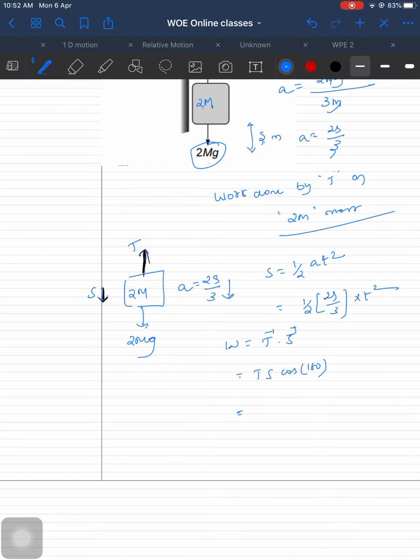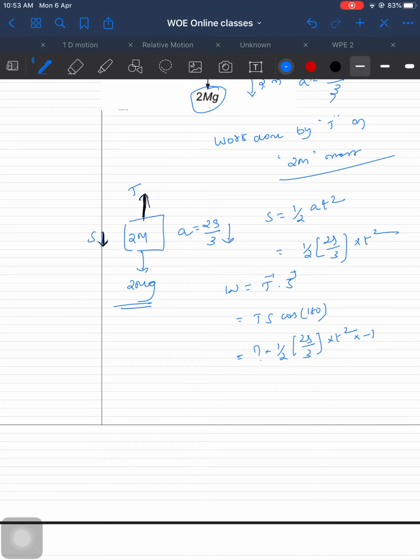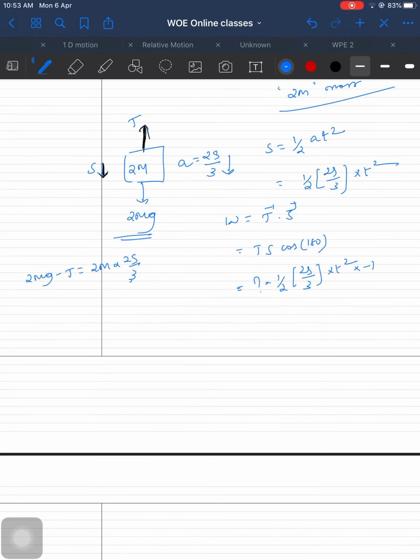Do we know the T? We don't know, we should find it. s is half into 2g over 3 into t square, and cos 180 becomes minus 1. T we need to find. We can get it from the equation from the free body diagram: 2mg minus T is equal to mass into a, 2m into 2g over 3. Then T is equal to 6mg minus 4mg over 3, which is 2mg over 3.